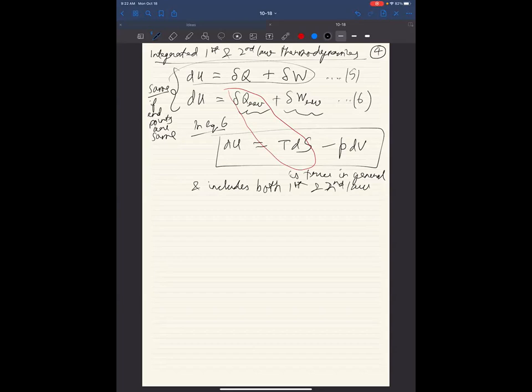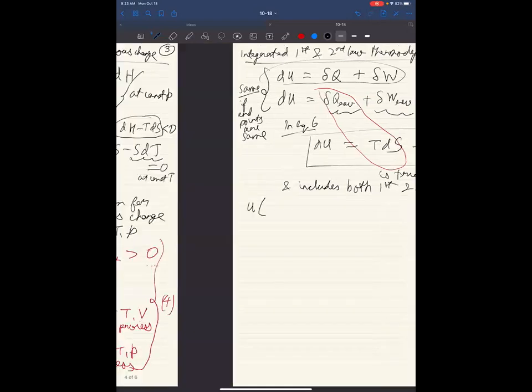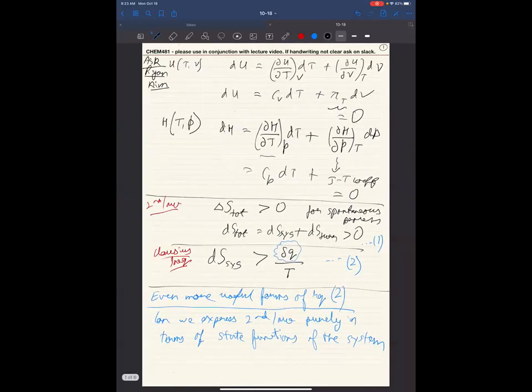So notice something happened here. If I think about this equation number 7, what are the variables I'm expressing U as a function of? Look at the things that are being differentiated. Let's go back to what we started today's class with.